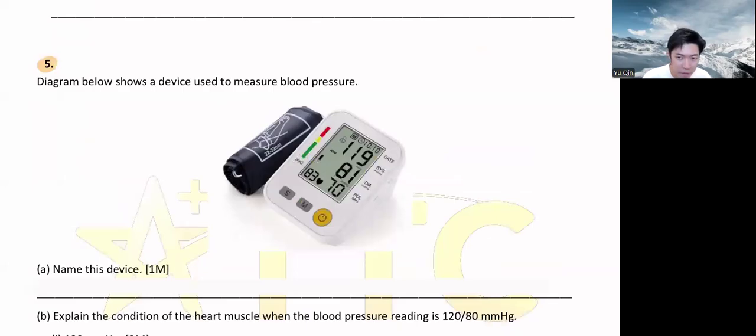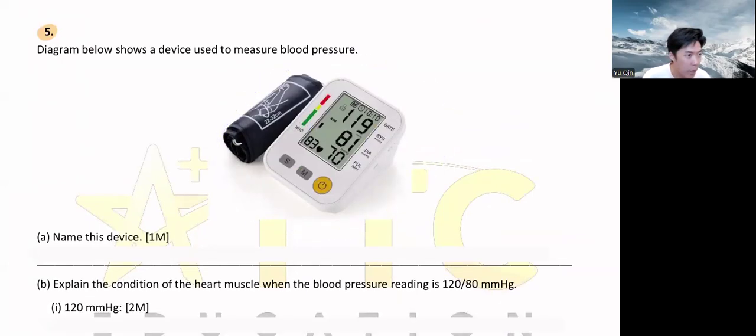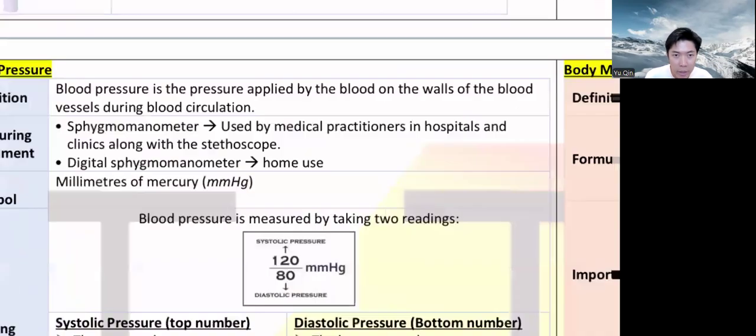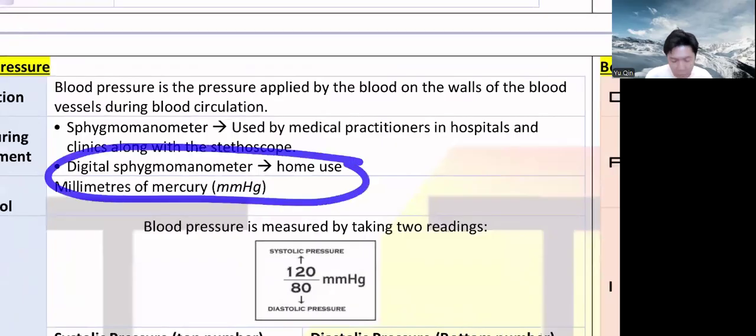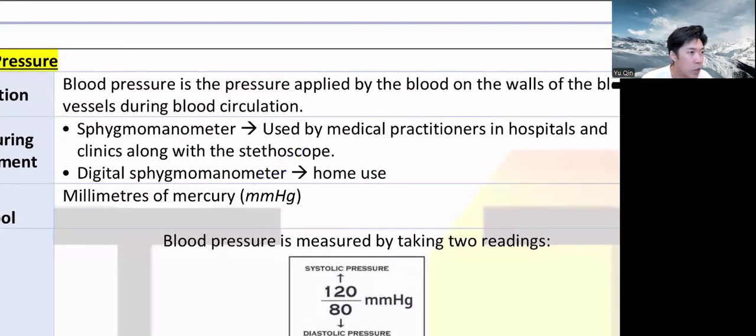Okay, so name this device. Because there's a screen, right? This is something we use at home. So we will add on the word digital: digital sphygmomanometer. So for the spelling, make sure you check it out.